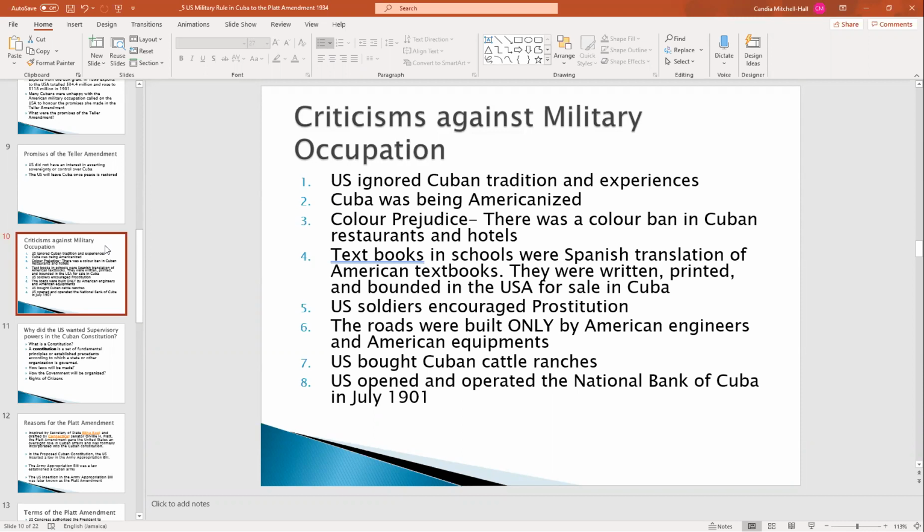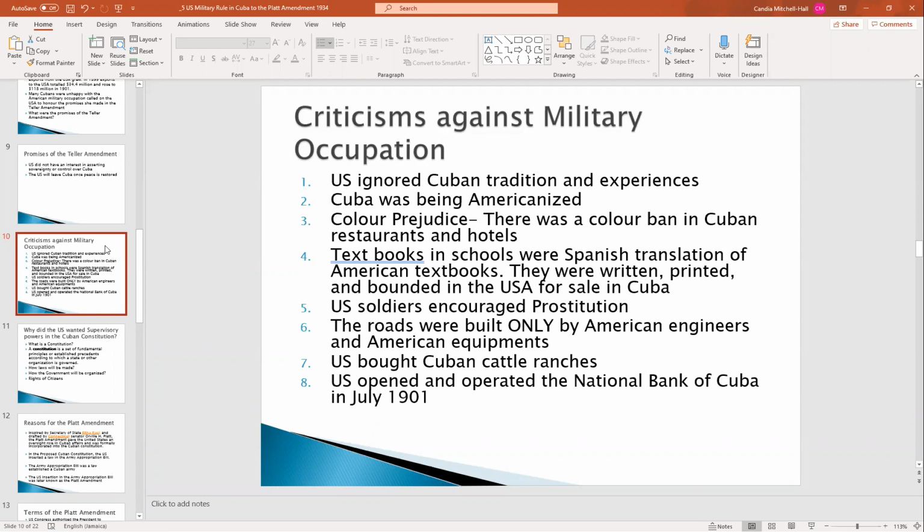One, they said that Cuban traditions, all the different traditions of the Cubans, are being ignored. Cuba is being Americanized. The Americans bring in a lot of color prejudice. I remember they loved the color prejudice in the US. Black and white segregation.